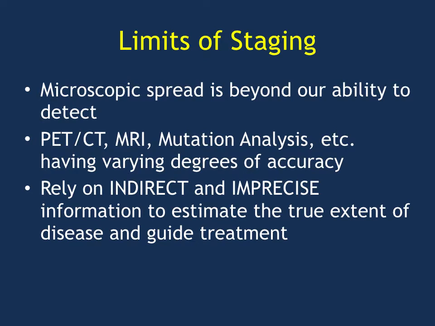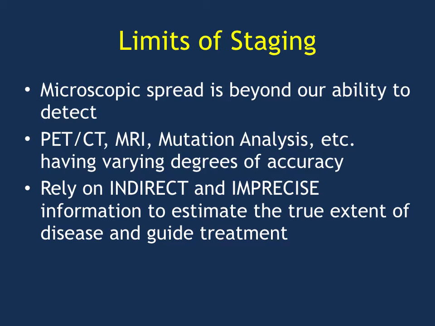As I said, microscopic spread is often beyond our ability to detect accurately. You may think that with all the high-tech imaging studies such as the PET-CT, MRIs, and mutation analysis, and other modalities, we may be very good at assessing with a high degree of accuracy how far the cancer has spread.